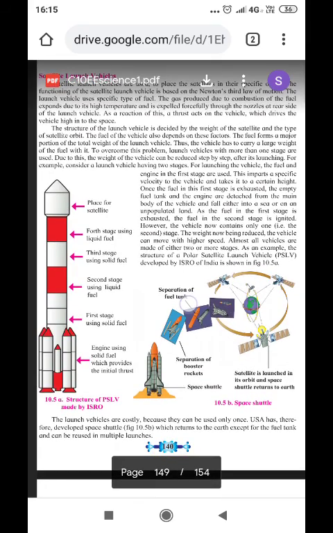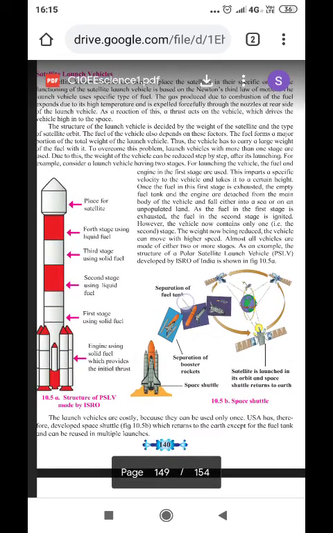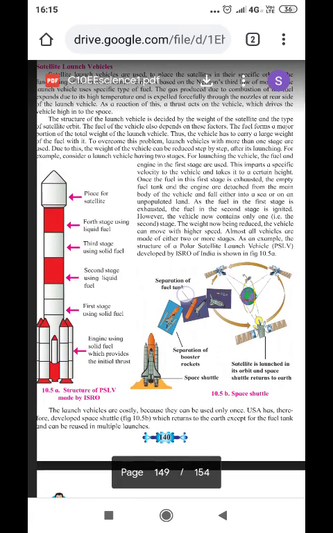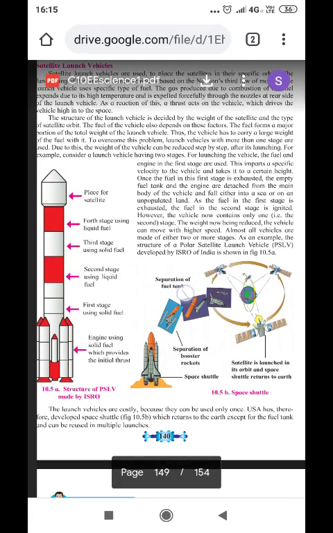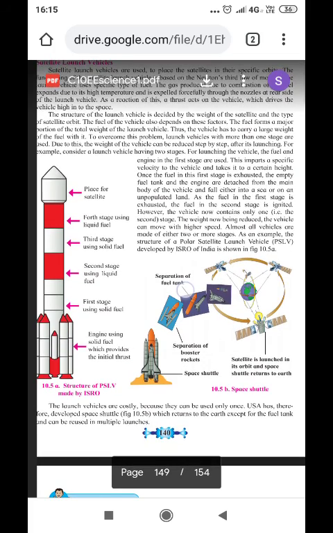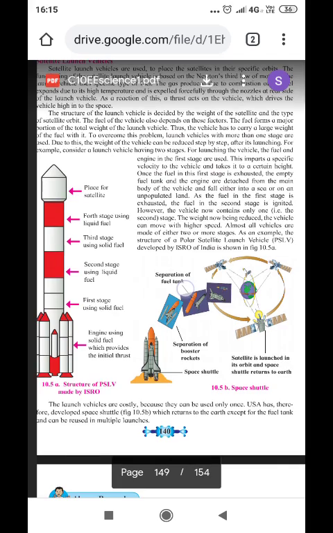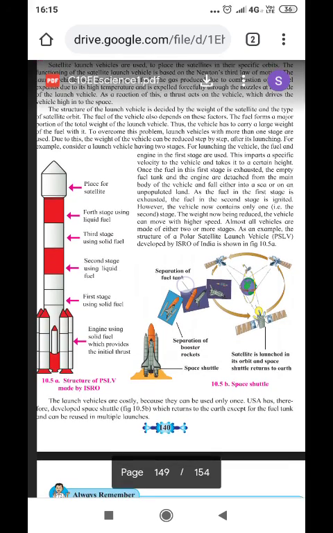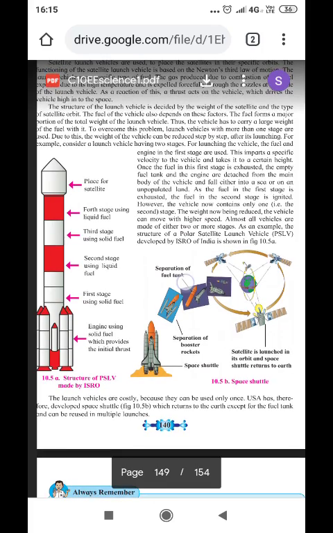Here, in order to launch the vehicle, Newton's third law of motion is being used. Now, how does the third law apply? The gas is expelled in a downward direction. As a result, a reaction force is applied on the vehicle, and it moves in the vertically upward direction.